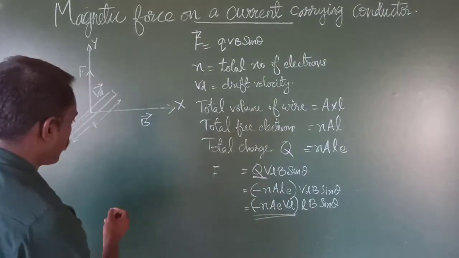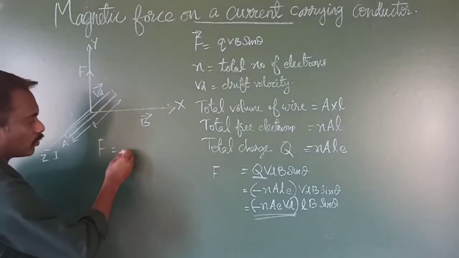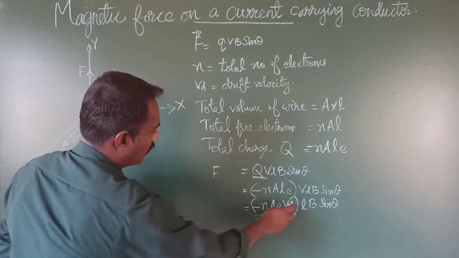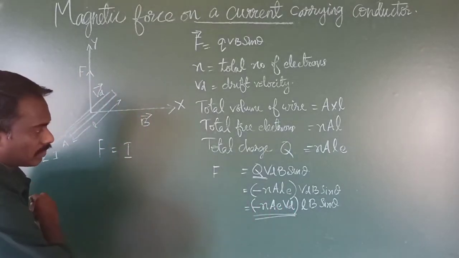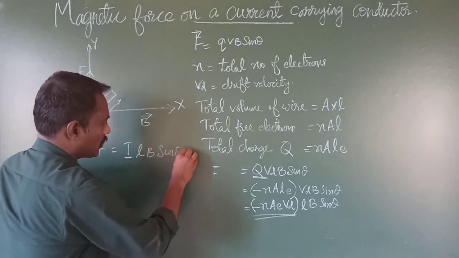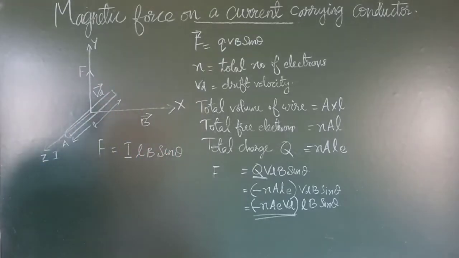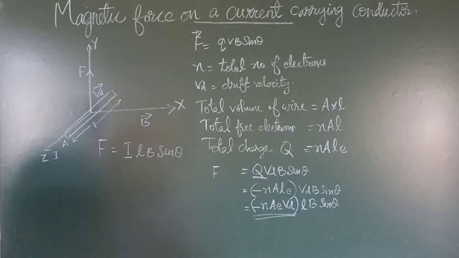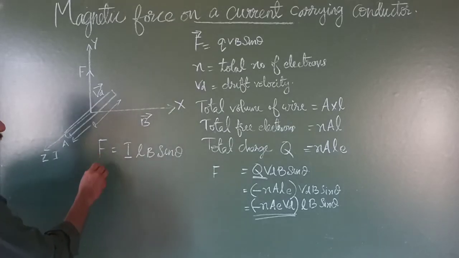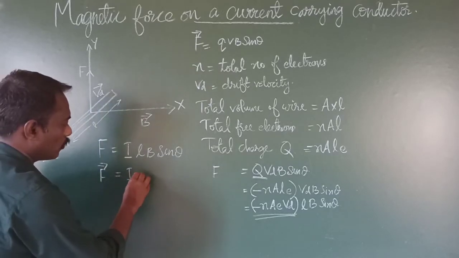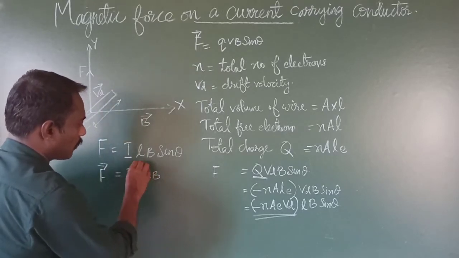So this equation can be rewritten as F is equal to I L B sin theta. This is the equation for the magnetic force exerted on a current carrying conductor. And if we write this equation in vector form, we get F is equal to I into L cross B.